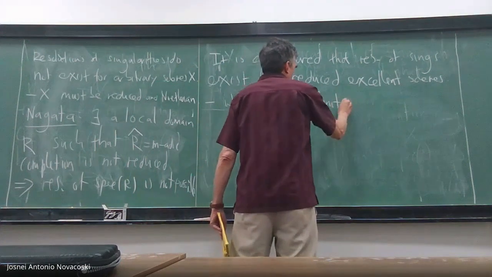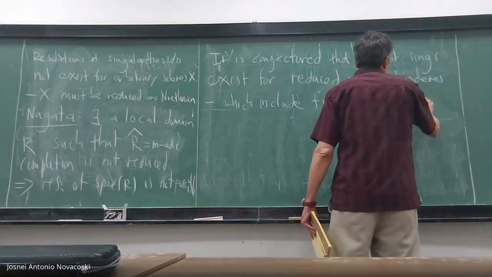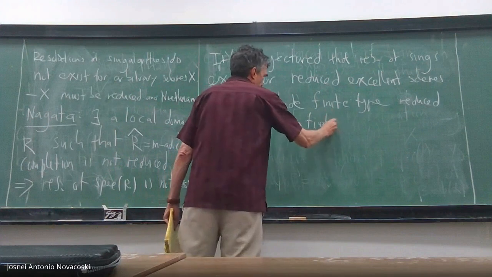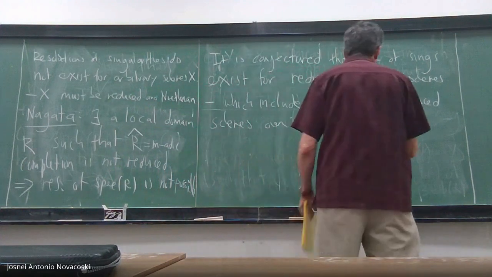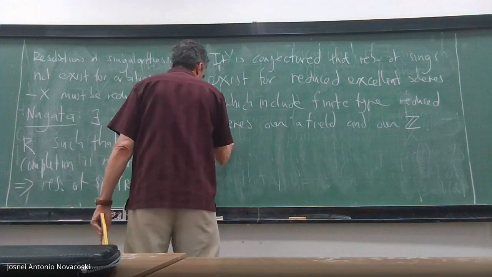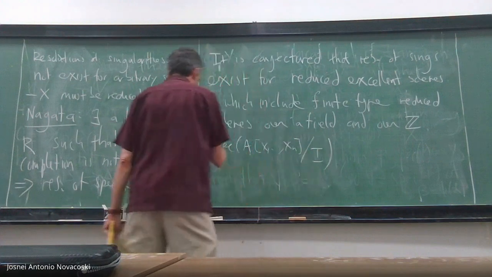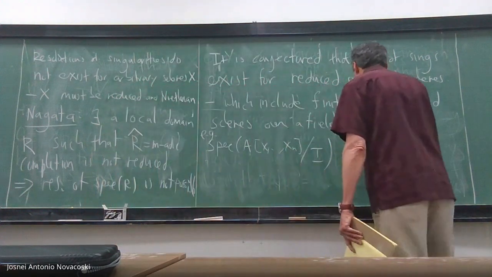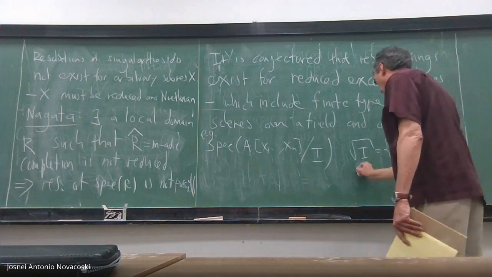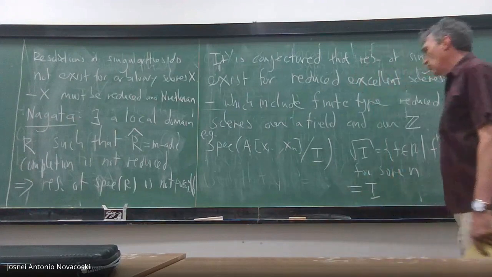Okay, but this includes finite type schemes, maybe I should say reduced schemes, over a field and over Z. So an example of this is going to be something like spec A adjoin x1, ..., xn modulo I. Locally, it'll look like this, where the radical of I, which is the set of f, an element of R, such that f to the n is in I for some n, is equal to I. That's the reduced condition.